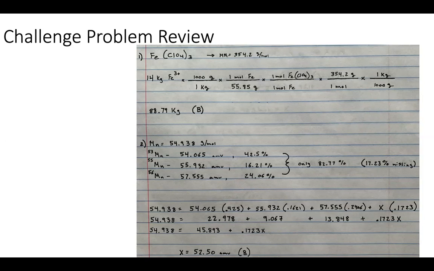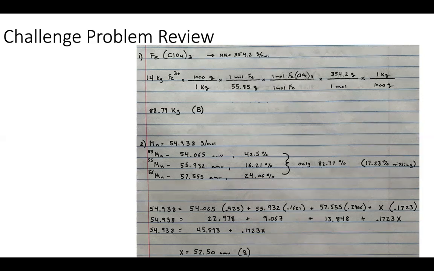And when we do all this math out, we find that in order to get 14 kilograms of iron, we would need 88.79 kilograms of that ionic iron perchlorate compound. So that was option B.